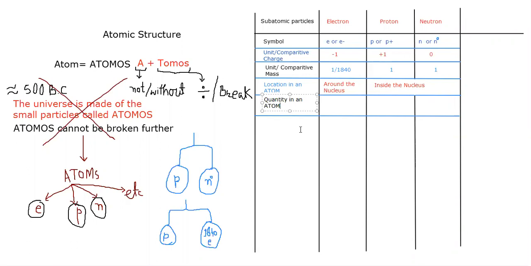Got it? The quantity in an atom. Let's suppose, just for the sake of understanding, the quantity of electron and proton are always the same. The quantity of proton and electron in an atom is always the same.